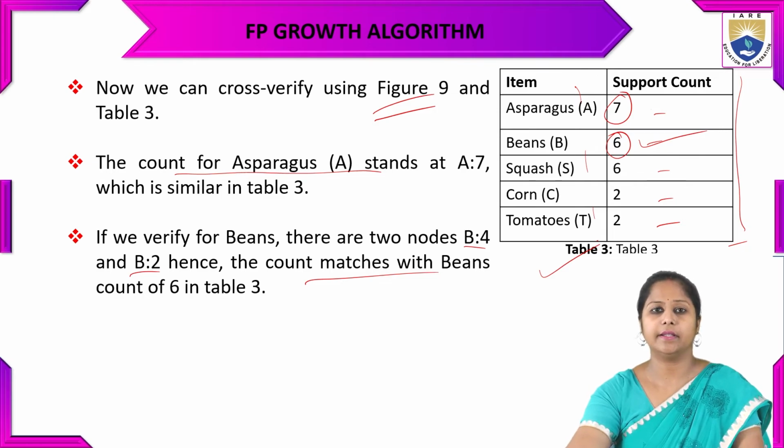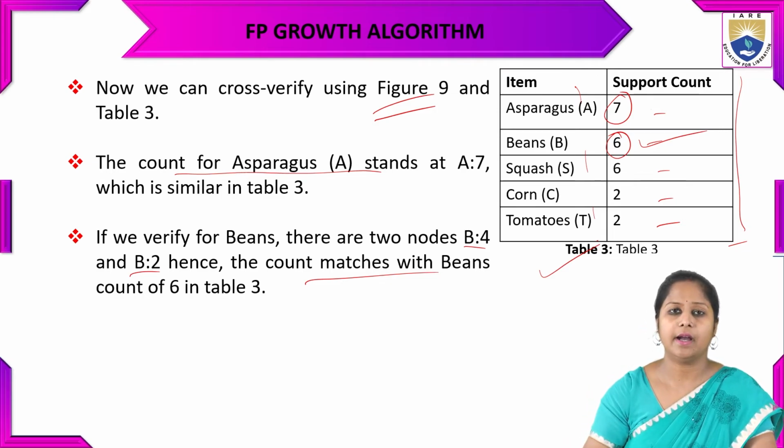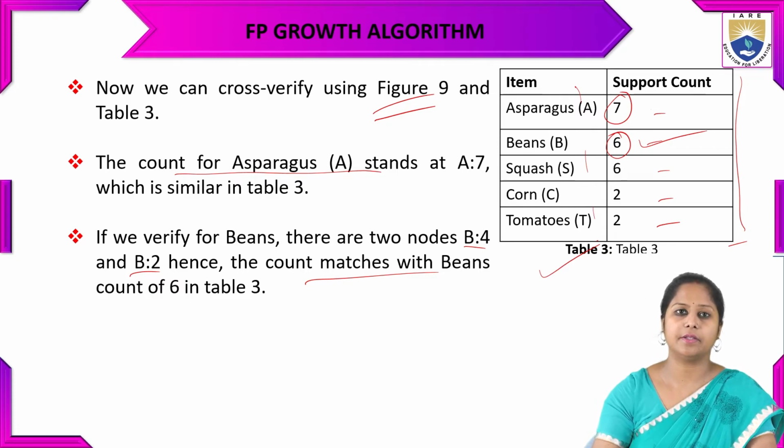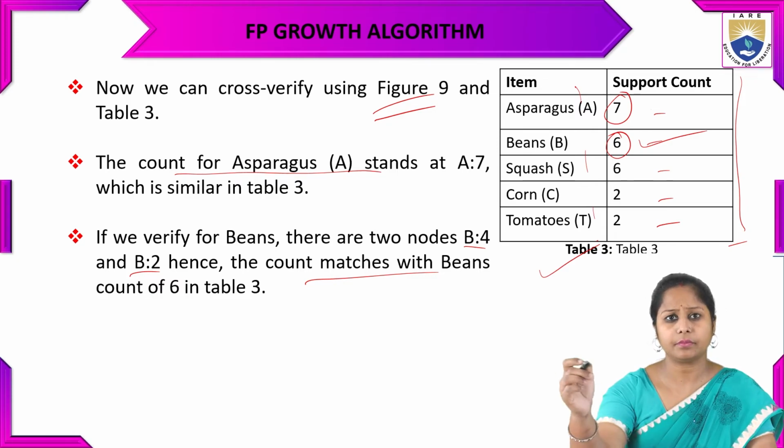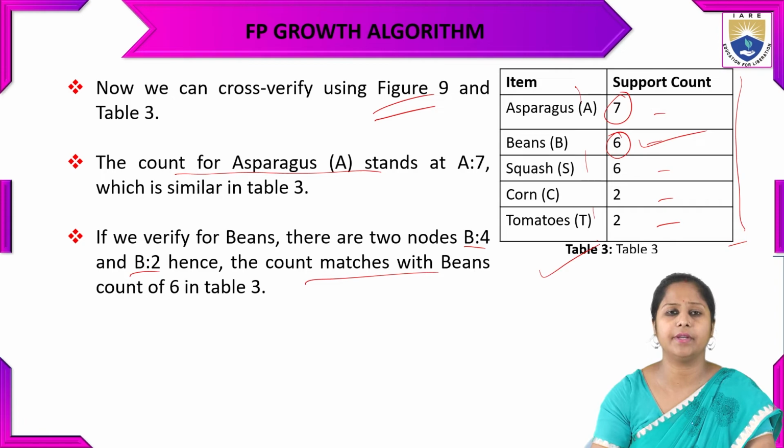So we have seen today how to construct the FP tree from the different transactions in one database. There were T1 to T9 transactions. From there we have taken the 5 different items: asparagus, tomato, corn, squash and beans.